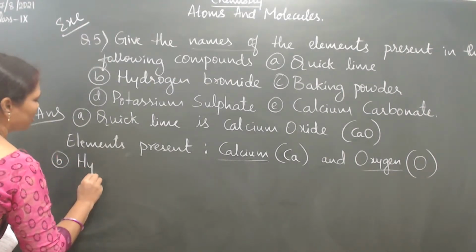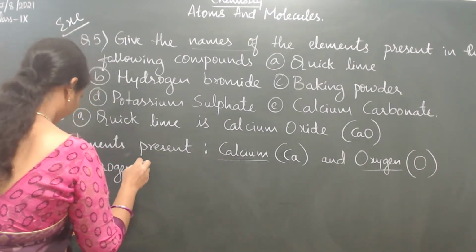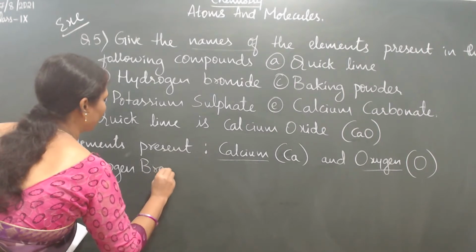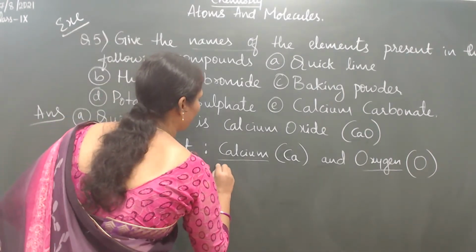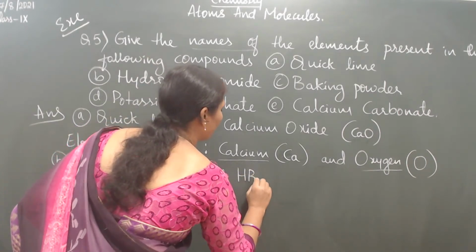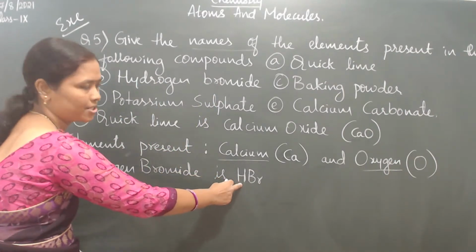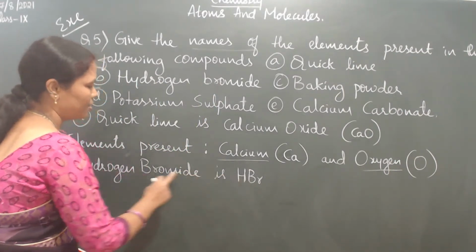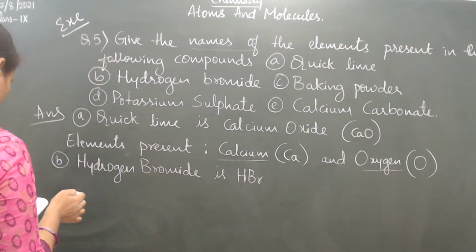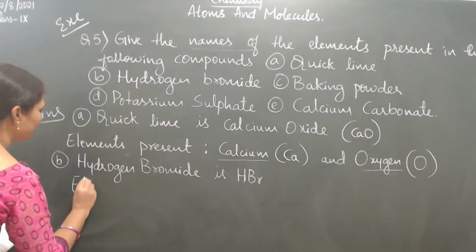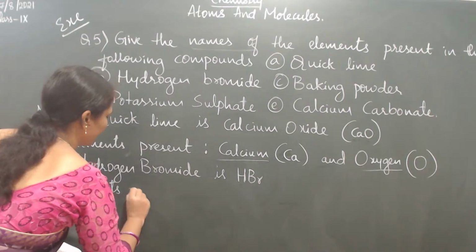Hydrogen bromide. Here, how are we going to write the chemical formula for hydrogen bromide? The symbolic representation for hydrogen is H, and for bromide we write Br.